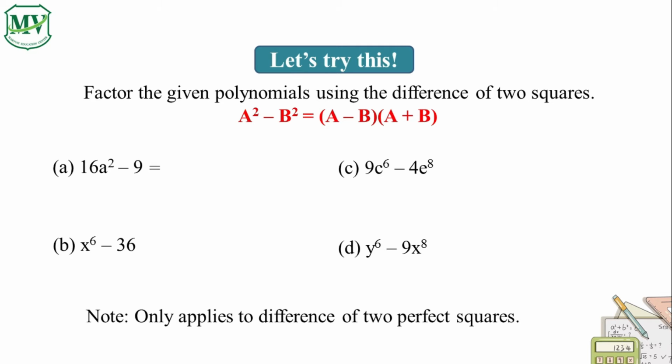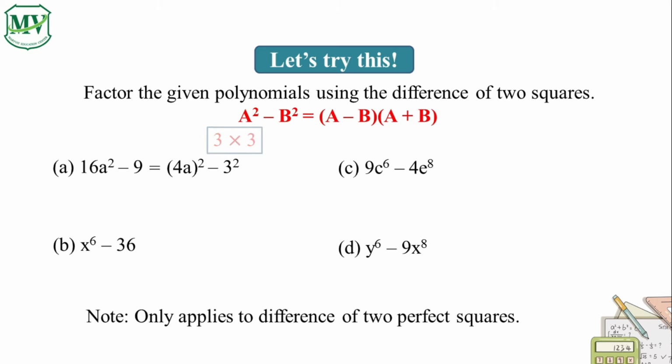Now, letter A. Let's try to see if the two terms are perfect squares. 16a squared can also be written as the quantity of 4a squared, since 4a times 4a is 16a squared. That would mean that 16a squared is a perfect square. Then minus 3 squared, the same reason as what we did in 16a squared.